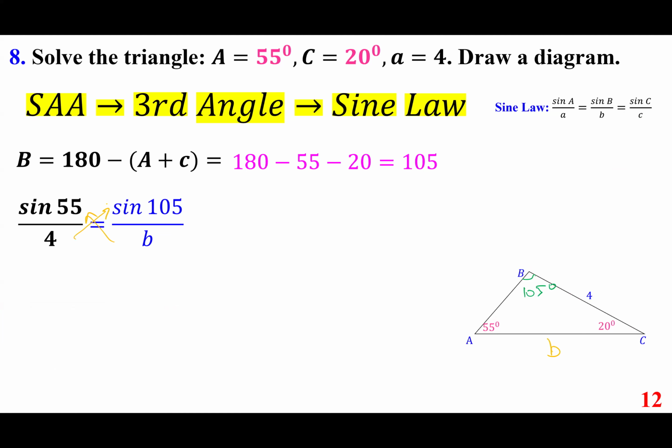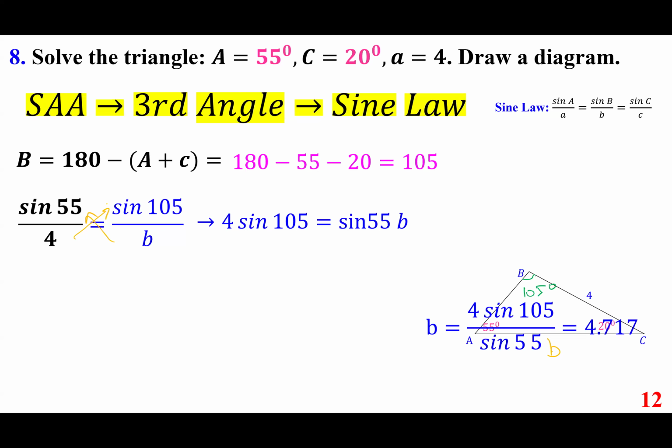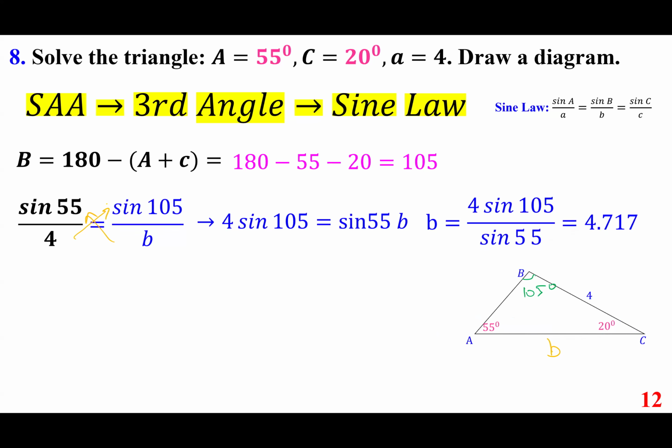Cross product. b is 4 sine 105 over sine of 55, which becomes 4.717. As for the number of decimals, just carry as much as possible, and they may ask you how many decimals. Pay attention to that.